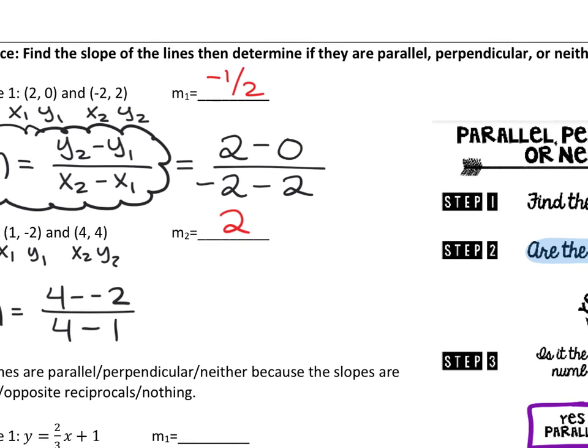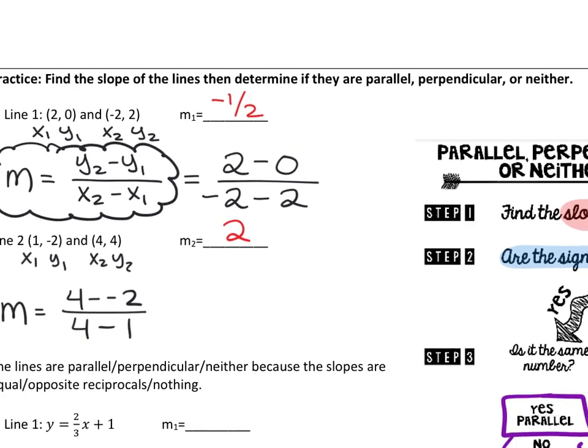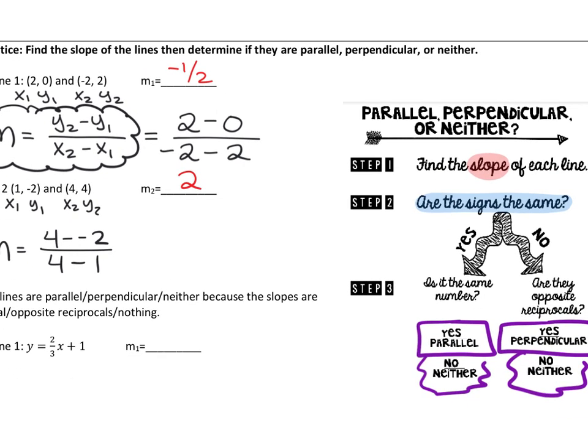Following my flow chart, we did step 1 where we found the slopes of both of these lines. The first question is, are the signs the same? No, so we follow this side of the flow chart. Are they opposite reciprocals? Are they flips of each other? If I wrote 2 as a fraction, it would be 2 divided by 1.